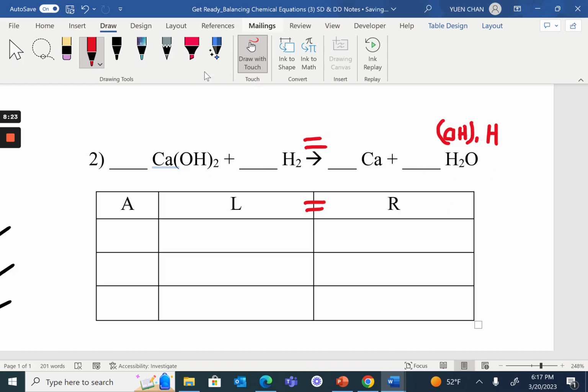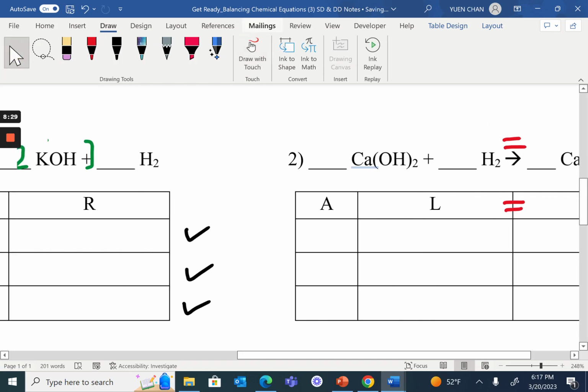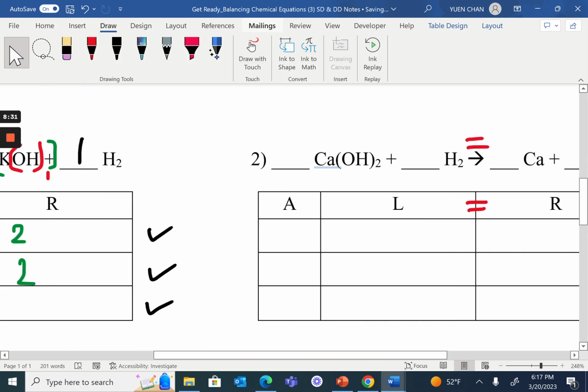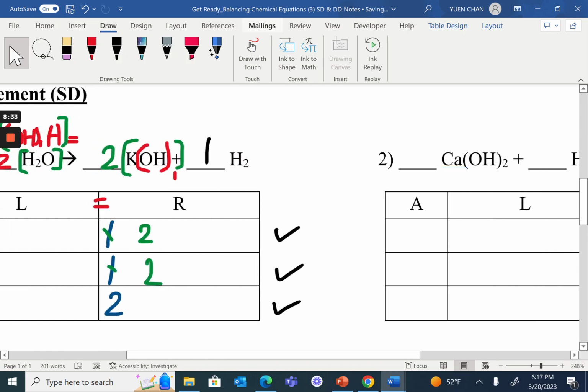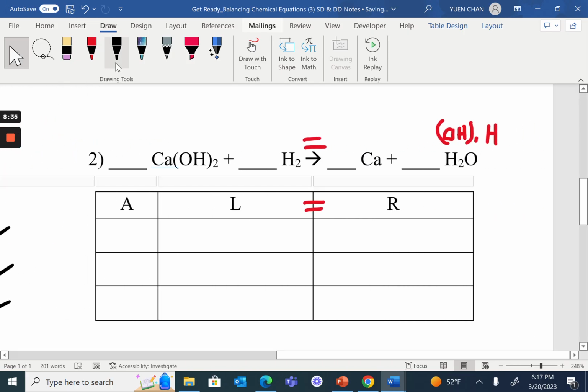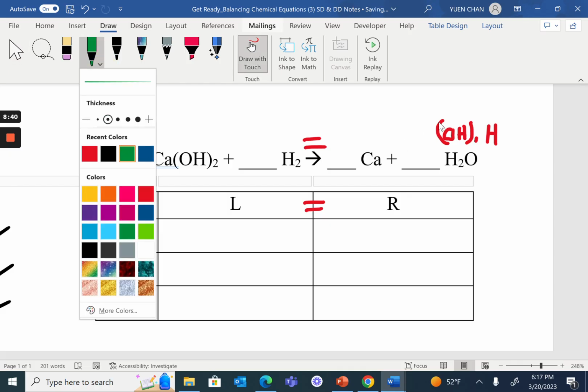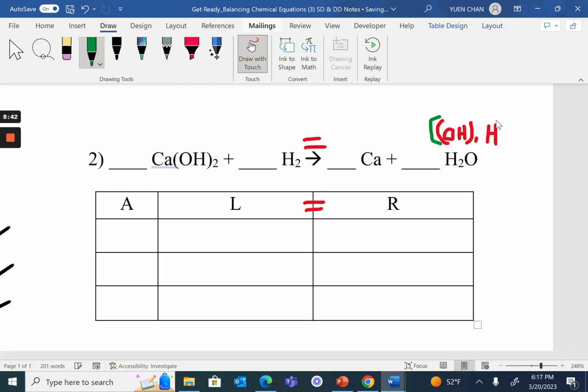So I split the water, and then I also want to, let me double check what color did I use? Okay, I use a black color, green color. So I'm going to put the green color for putting the bracket around the compound. So around the H2O, I'm going to put a bracket.